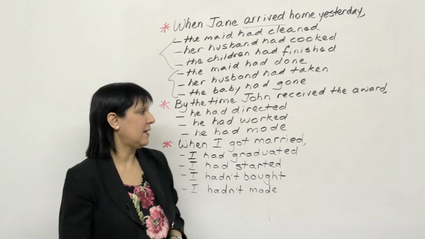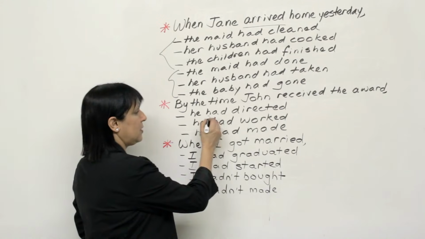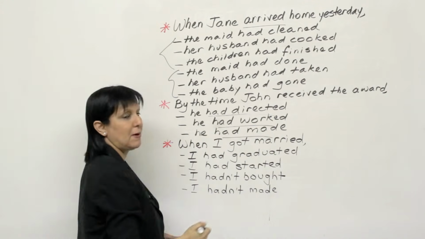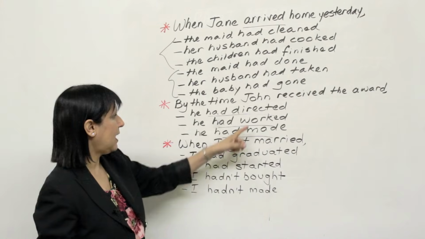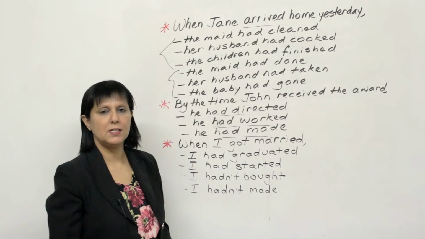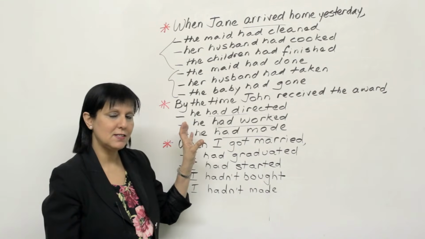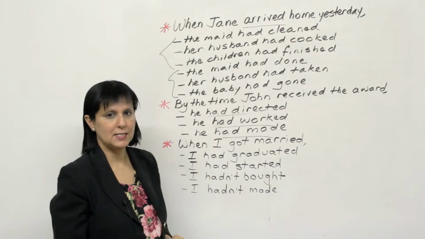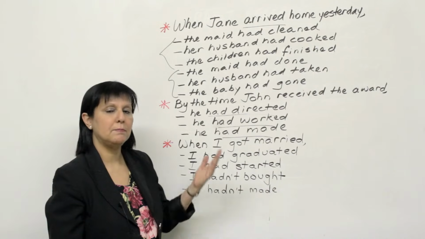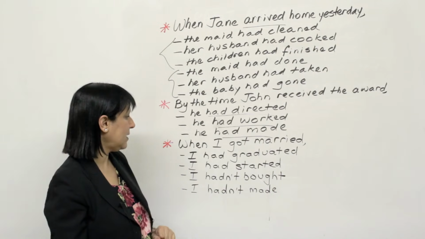All right? And that's why here we use past perfect tense. And here we simply use the past tense. All right? So we see that in the same sentence, we're using the simple past tense and we're also using the past perfect tense. Okay?